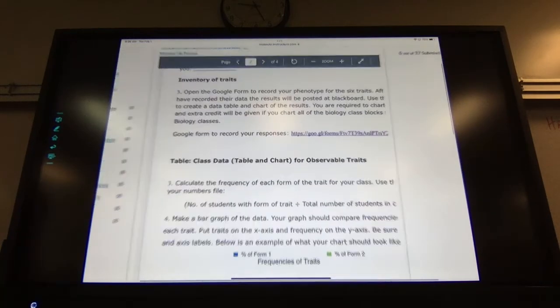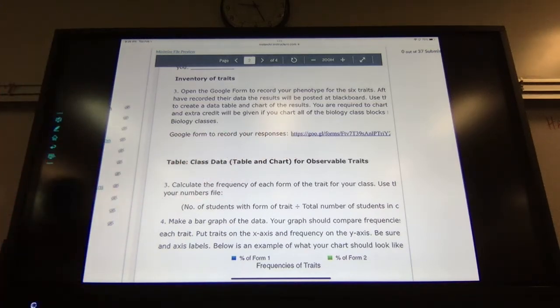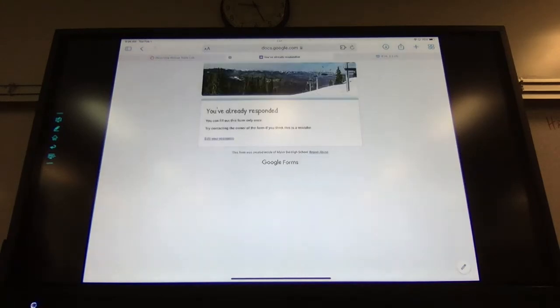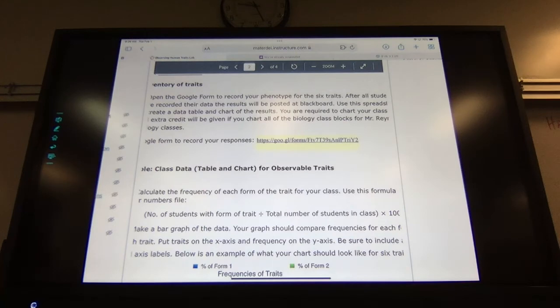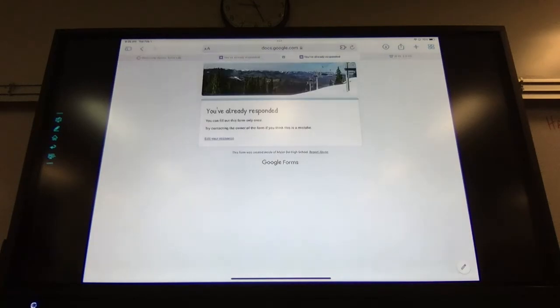So right here, you can click in to record your response. I don't know if that hyperlink will work for you. Oh, it looks like it does in a preview. Or you can go back to Canvas and you can click right there. And so now go ahead and enter in your data.